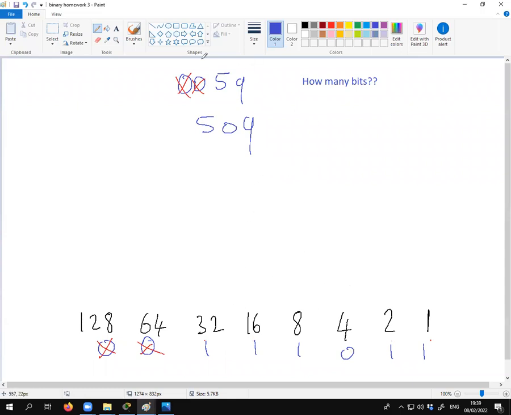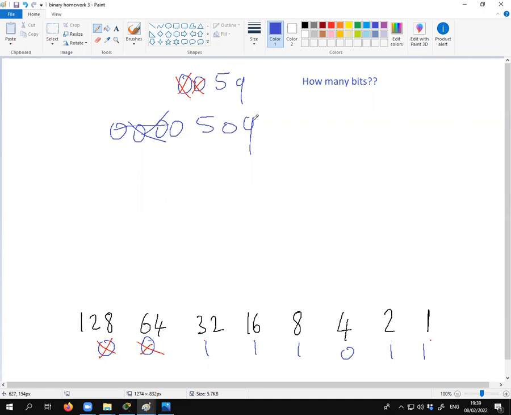So 6 bits. If you think about it, how many decimal characters does it take to make 59? 2: 5, 9. How many decimal characters does it take to make 509? 3, because you can drop your leading zeros.